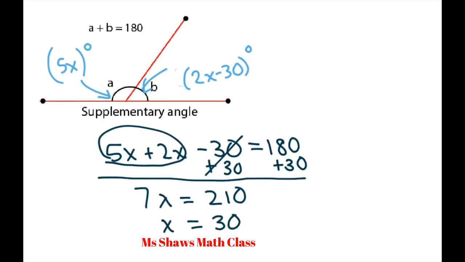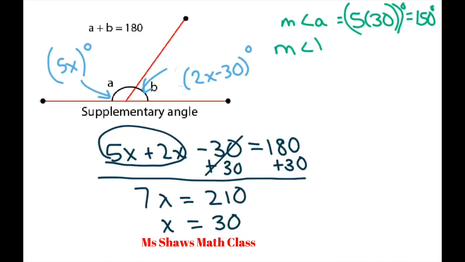Now let's find out the exact value. So for the measure of angle A, we have 5 times 30 degrees, which equals 150. And for the measure of angle B, we have 2 times 30 minus 30.